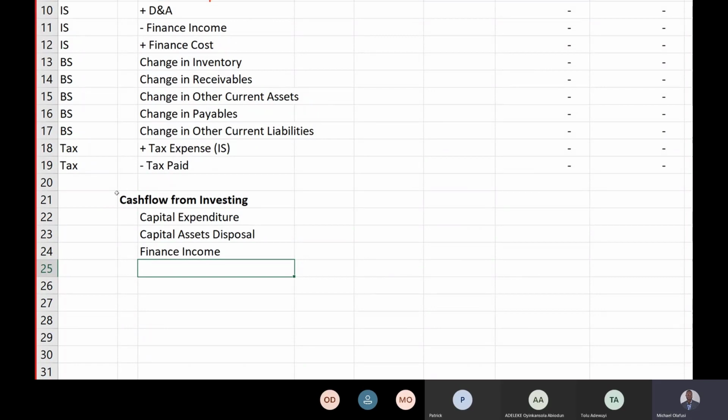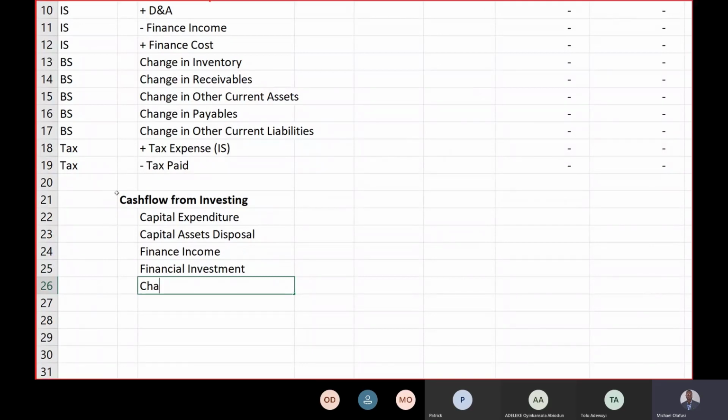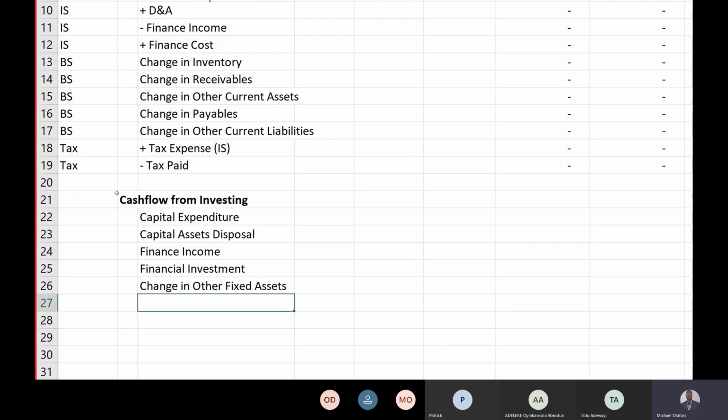Okay, so similarly if you have done any financial investment, it is captured in here, and generally, change in other fixed assets. So any other thing on our fixed asset side is captured here.